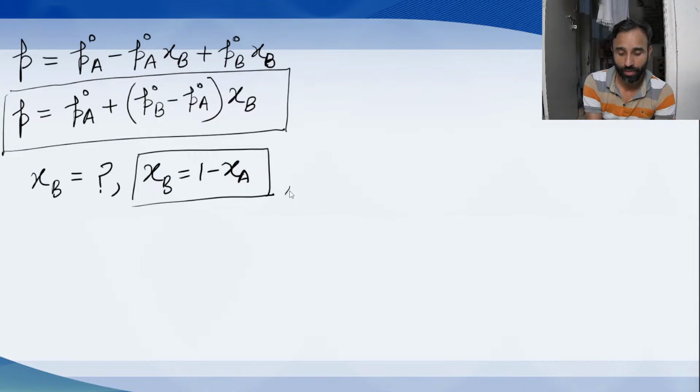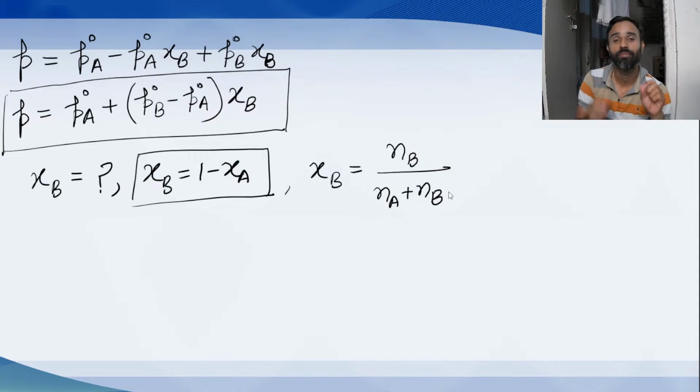Now, you know, XB equal to NB upon NA plus NB, right? Mole fraction of B equals number of moles of B over total number of moles. So now the number of moles of B and number of moles of A are required to get XB, but NB and NA are also not given.